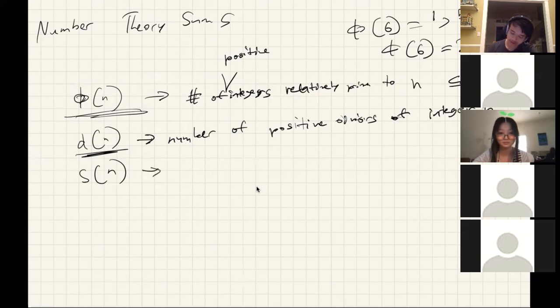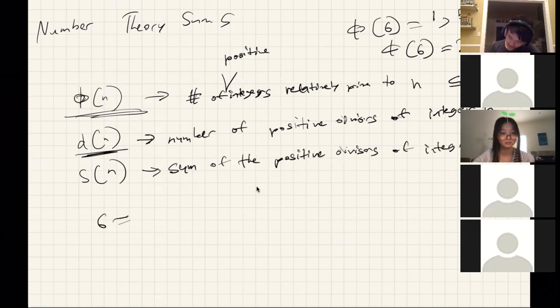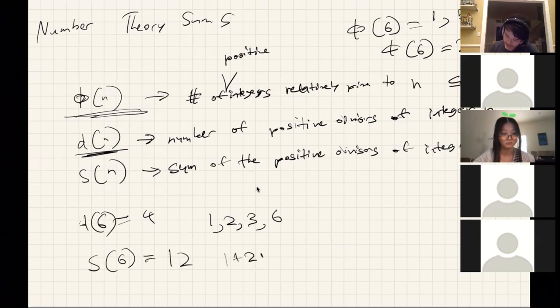And S of n is going to be equal to the sum of the positive divisors of an integer n. So once again, d of 6 is going to be 4, because you're counting 1, 2, 3, 6. And S of 6 is going to equal 12, which is just 1 plus 2 plus 3 plus 6 equals 12.